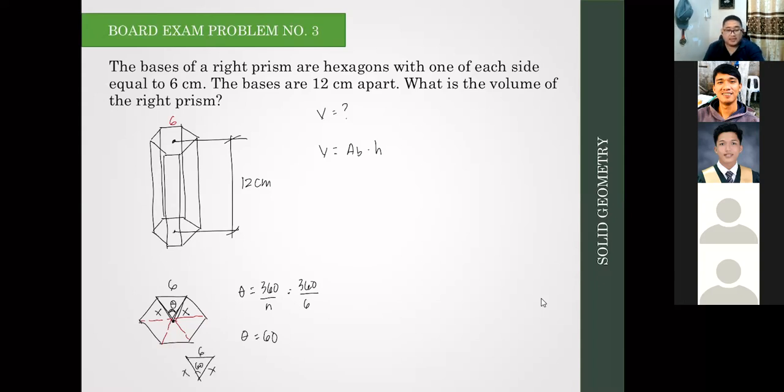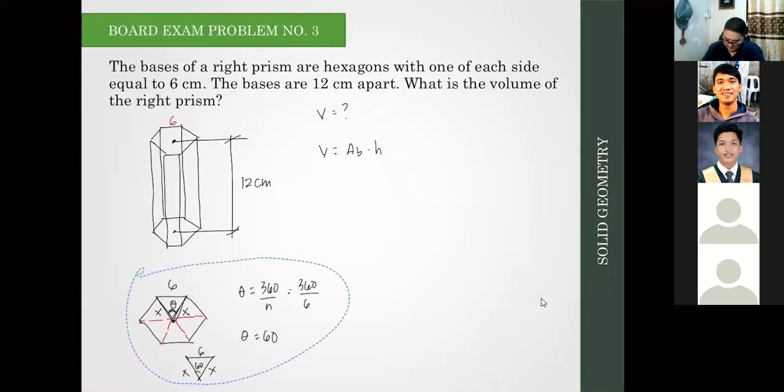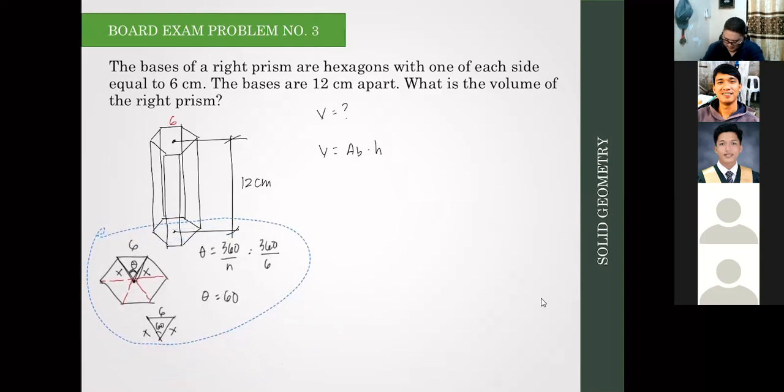Para makuha si x, apply natin si cosine law. Okay? So, nagko-combine na yung concept natin, no? Ayan. So, cosine law muna tayo. So, we have 6 squared is equals to x squared plus x squared minus 2x times x cosine of 60.